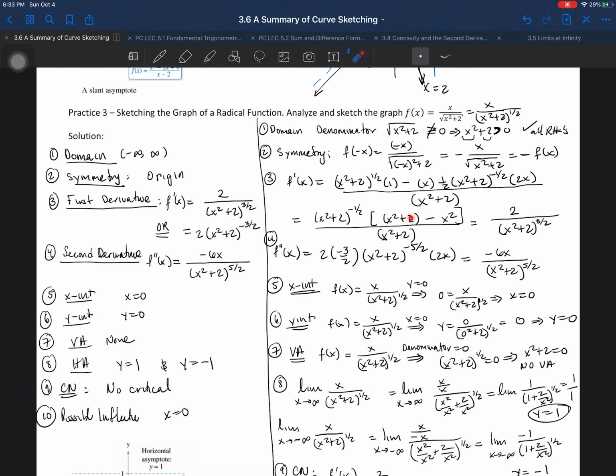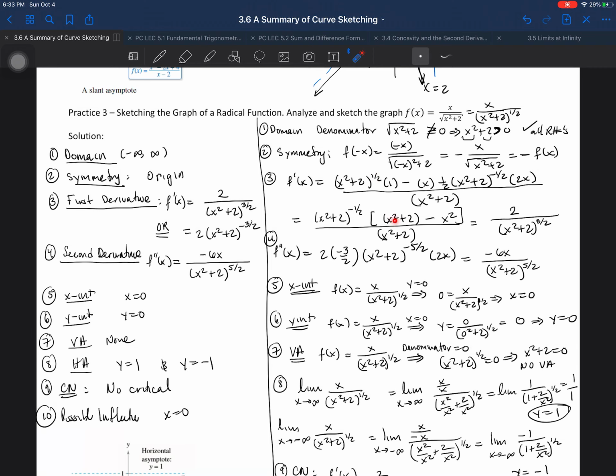Now if you guys notice, why is it just 1 right there? Well, remember that this added to this should give you this. Because when you multiply these two together, the powers should add up to be this power. So negative 1/2 plus 1 gives you 1/2.